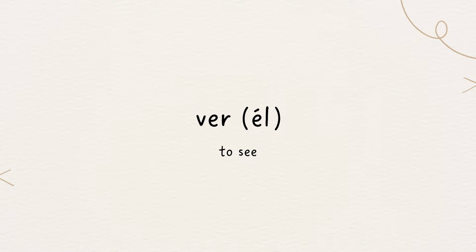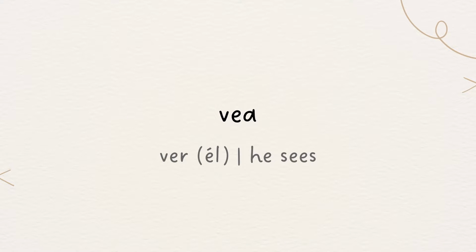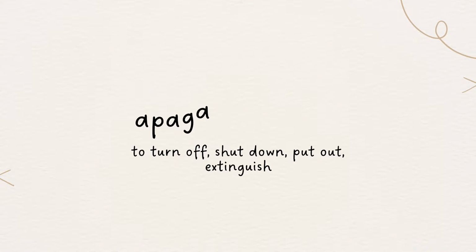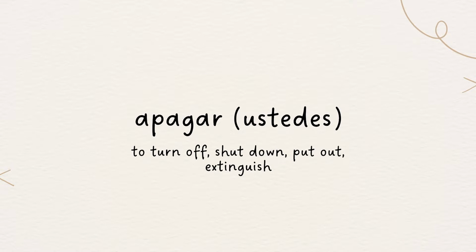Ver with él. Ver with él becomes vea, which means he sees. Vea. Apagar with ustedes.